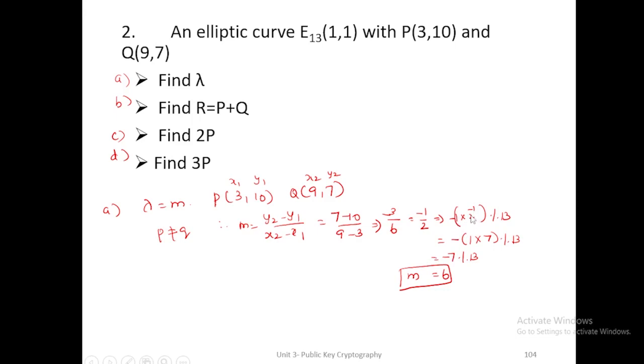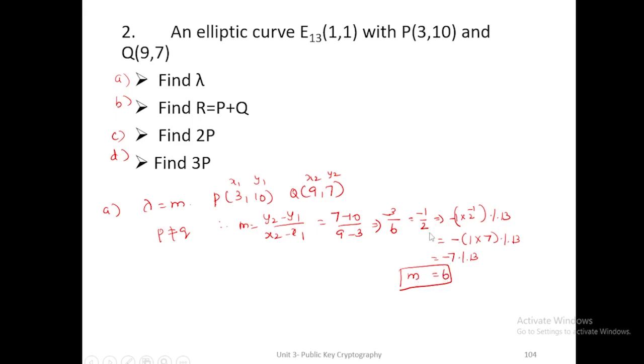The multiplicative inverse of 2 in 13 is 7, because 2 into 7 is 14, and 14 mod 13 gives the remainder 1. So instead of 2 inverse, I am substituting 7 here. Minus of 1 into 7 is minus 7, and its equivalent value is 6. Therefore the slope is 6.